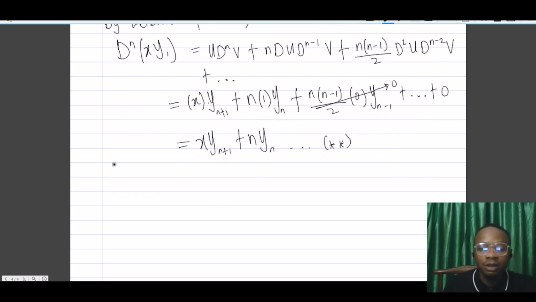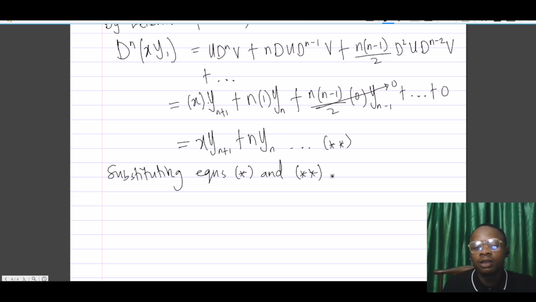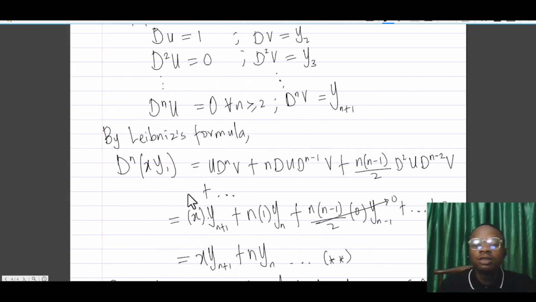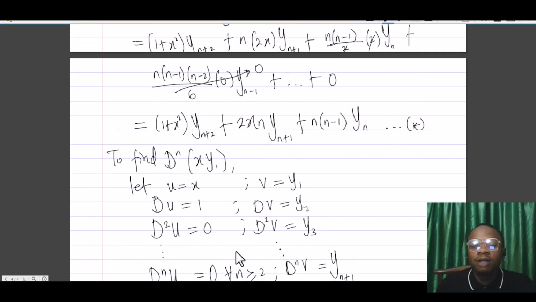So that we say that substituting equations star and star star into equation A will obtain the following. So this is the equation star. We have it here.